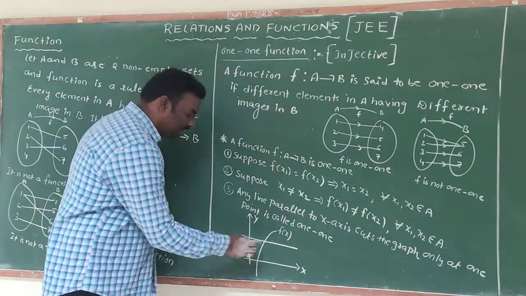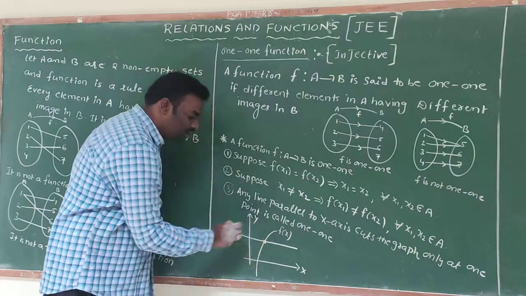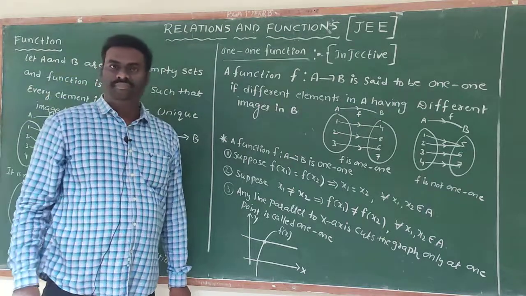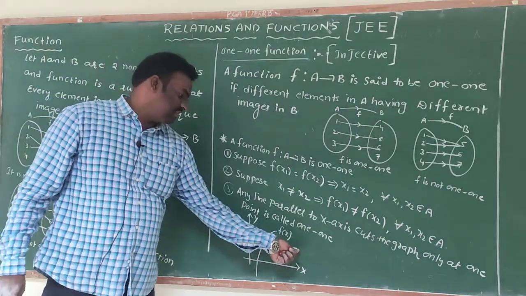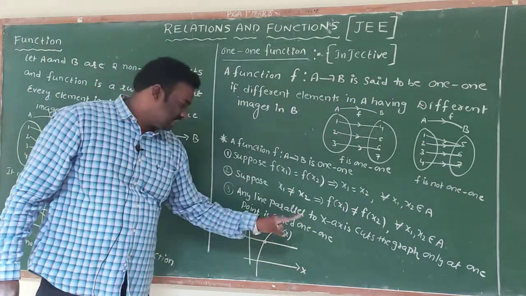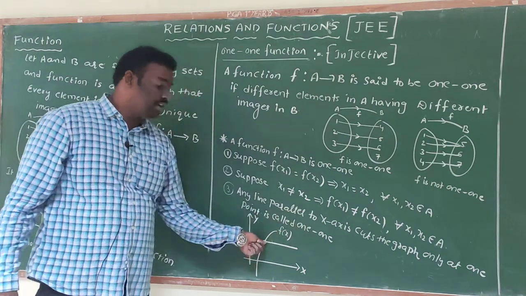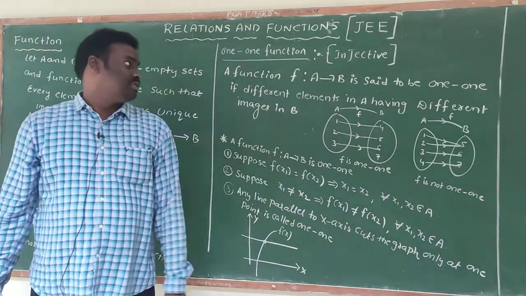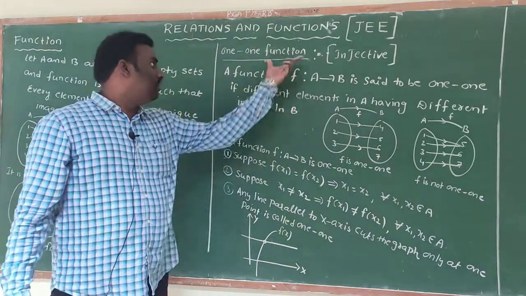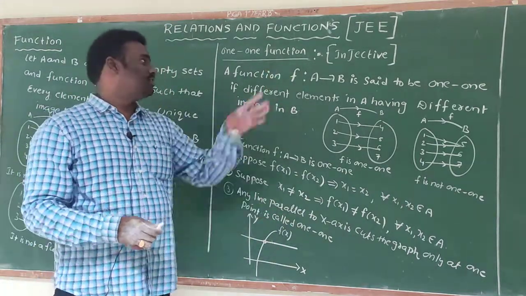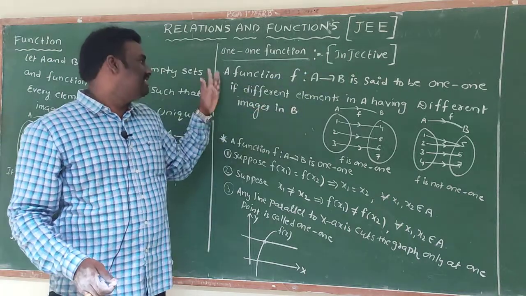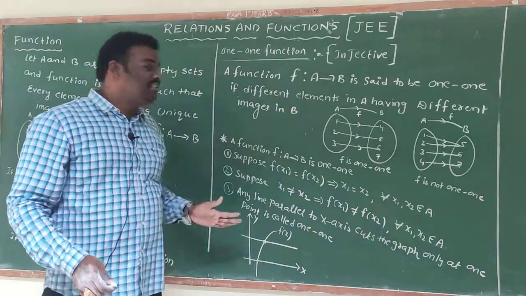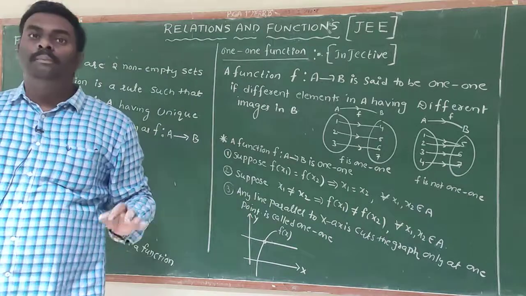And this line cuts the graph at how many points? 1 point. If any line parallel to the x-axis cuts the graph at only 1 point, then the function is called one-one. So totally we have 4 definitions for one-one. One-one is also called injective. The first is a theoretical definition. The other 3 definitions we use in problems.